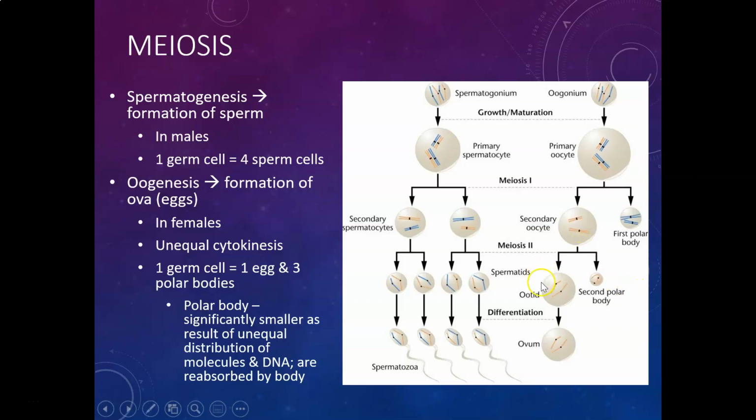And then here's another interesting thing. While males will produce sperm once they hit sexual maturity and can basically produce sperm until they die, a female will actually be born with all of the immature eggs her body will ever produce. Once she reaches sexual maturity, then her body is triggered to start going through this differentiation piece once a month, where her body will release a single egg for potential fertilization.